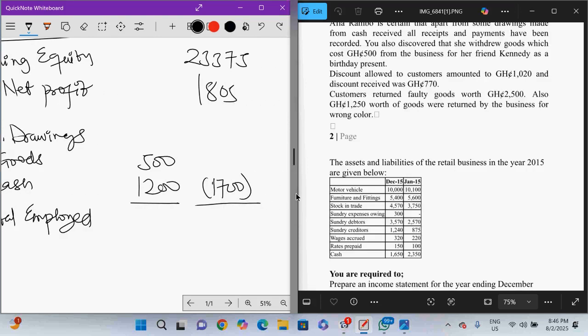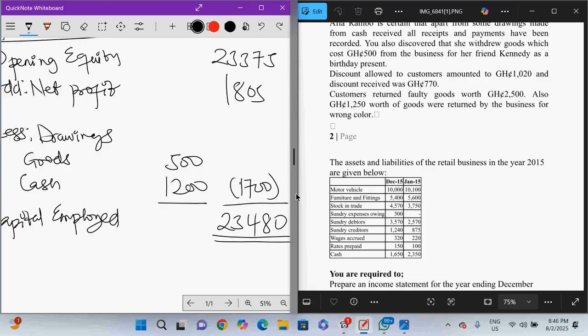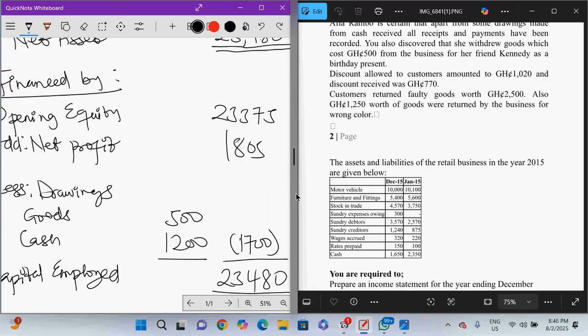Capital employed must be equal to the net assets. So at the end of the day, our net assets should be equal to the capital employed.